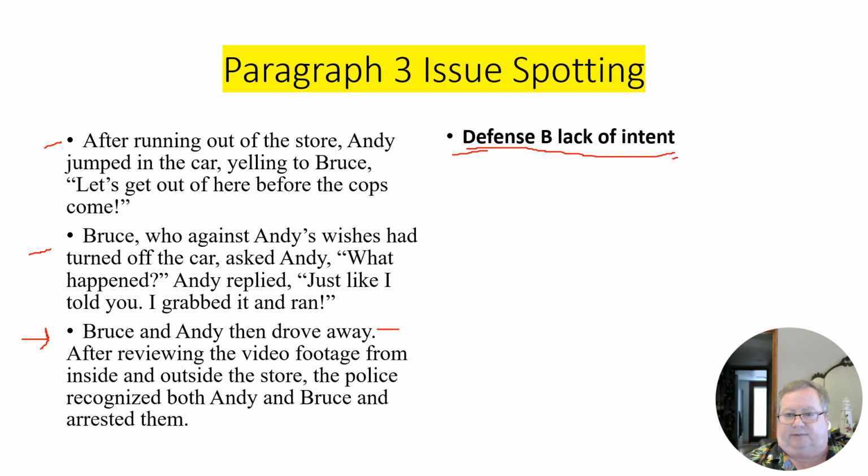You also have to have a guilty mind, mens rea. And Bruce has a possible argument that he didn't know what was going on. He was asking A, who was committing the crime, hey, what happened? The state will also argue that, hey, A was more drunk than B. So you'll have an argument whether or not A and B knew what they were doing.